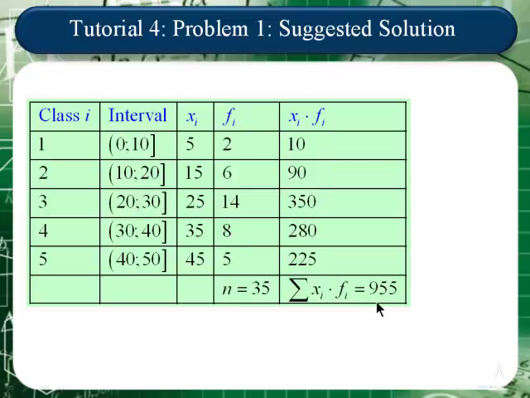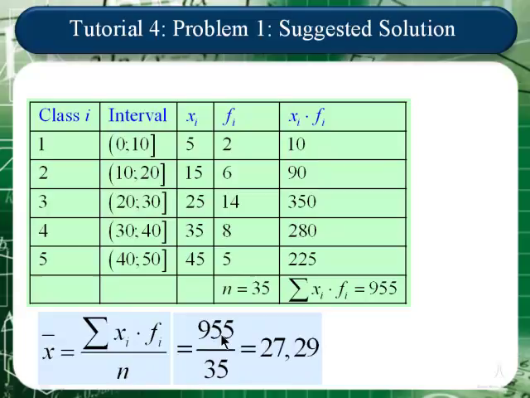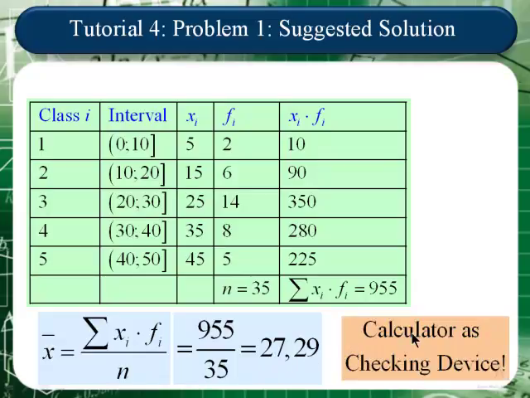Complete this and then determine the sum. The mean is then the sum of all these products divided by the sample size. So it's 955 divided by 35, or 27.29. Again, I'm not going to do it. You can use your calculator as a checking device.